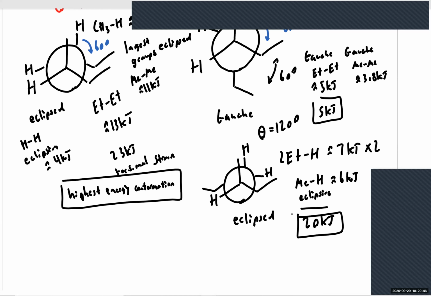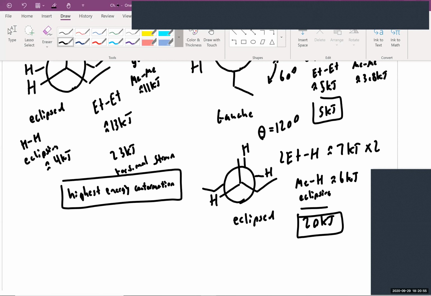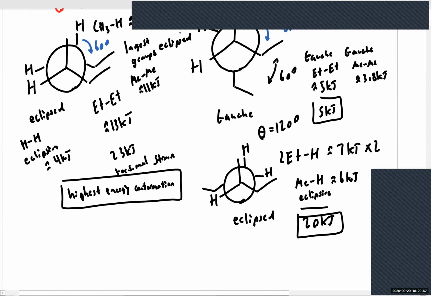Let's draw out another one of our possible conformations as we continue to rotate our back substituents another 60 degrees.